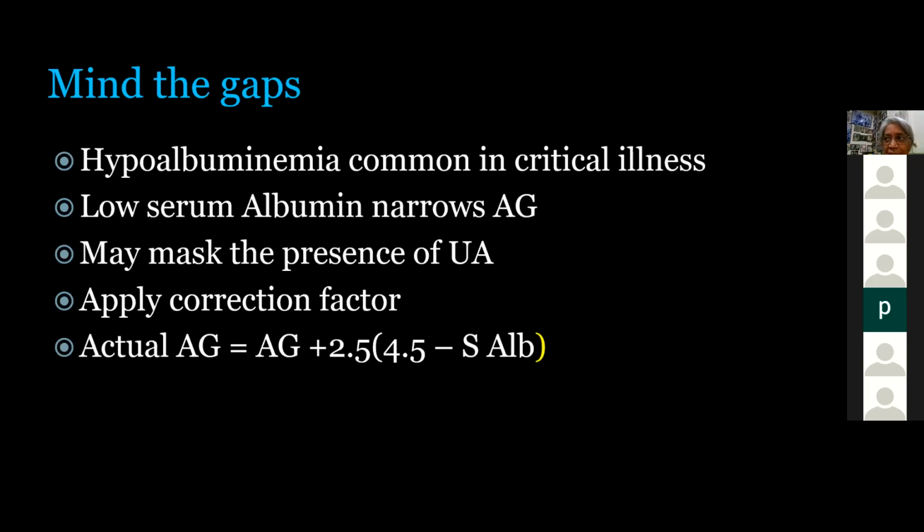It's there in many ICU patients. So low serum albumin will narrow your anion gap. It may mask the presence of other anions, which normally go unmeasured. So you have to apply the correction factor: 4 minus the serum albumin, multiplied by 2.5, you need to add to your actual anion gap.